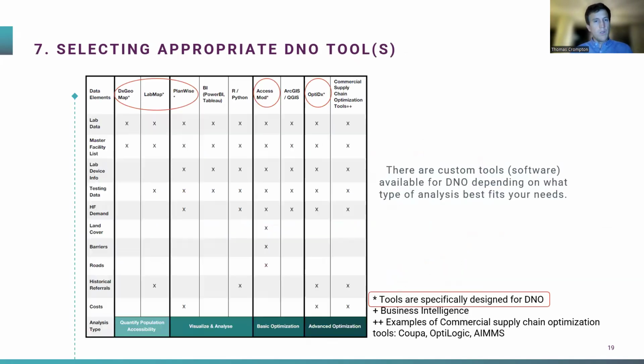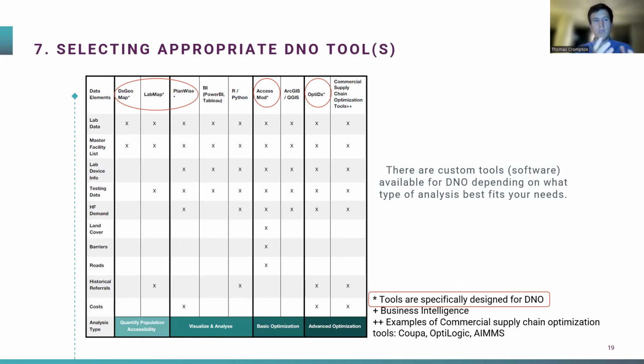What is really nice at the moment is we have quite a range of tools or software available, some of which are specifically designed for DNO, and most of these are either open source or open access, meaning they're free to use. Within that, we have that stepwise approach of the analysis types, from quantify population accessibility all the way to advanced optimization. And there are different tools designed to help you at each of those.